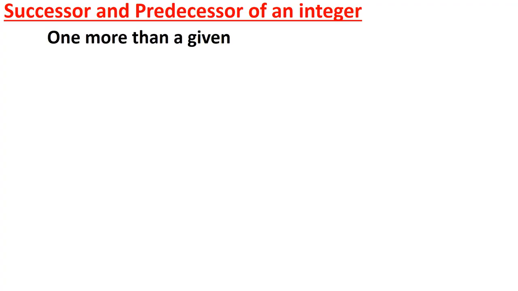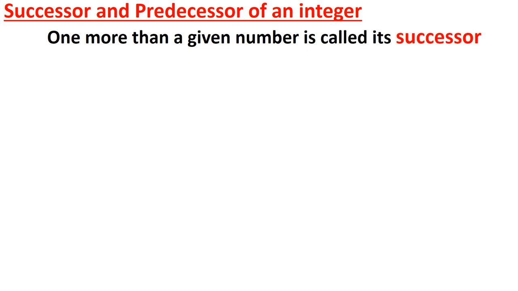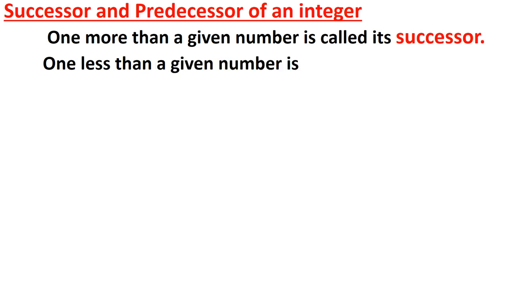Now the next topic is successor and predecessor of an integer. One more than a given number is called its successor. That you have done earlier also in whole numbers. And one less than a given number is called its predecessor.